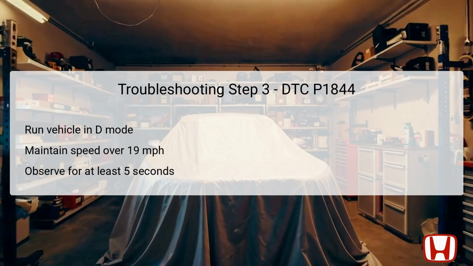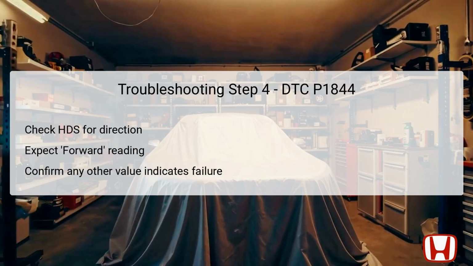Accurately performing this step is critical to determine if the system is functioning correctly or if diagnostics reveal further issues, such as abnormal readings. The final troubleshooting step involves checking the Honda Diagnostic System, HDS, for the direction of the drive pulley rotation. Ideally, the HDS should display forward as the reading during the test. If any other value appears, it confirms that a failure has occurred within the system.